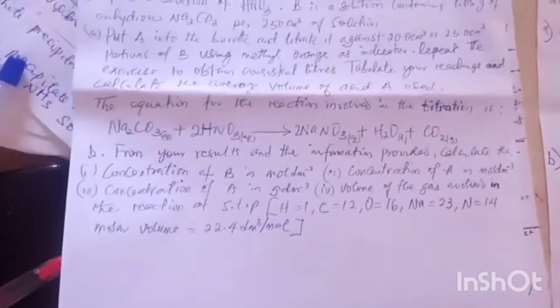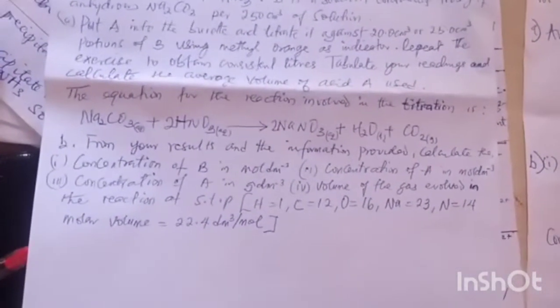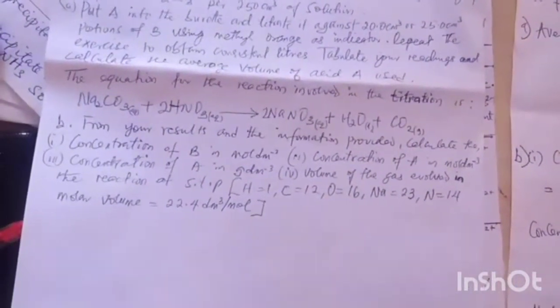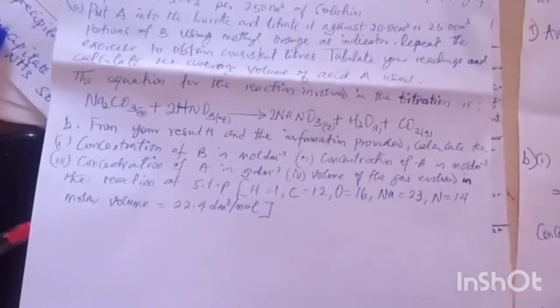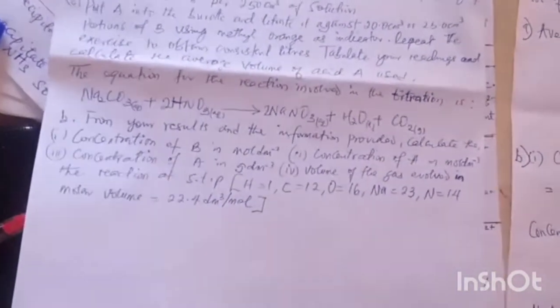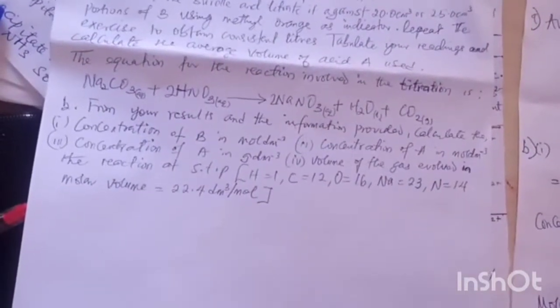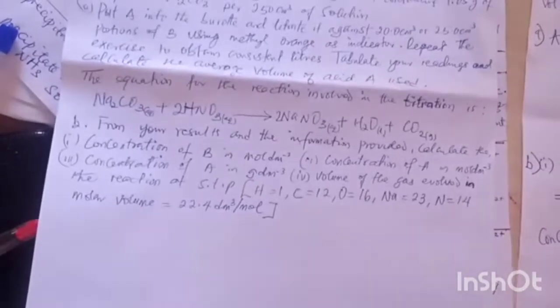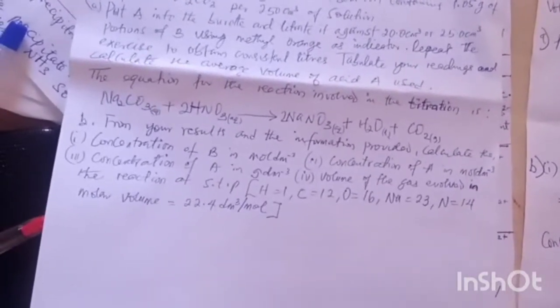Alright, B says from your results and information provided, calculate the I concentration of B in mole per dm cube, II concentration of A in mole per dm cube, III concentration of A in gram per dm cube, and IV volume of the gas involved in the reaction at STP.